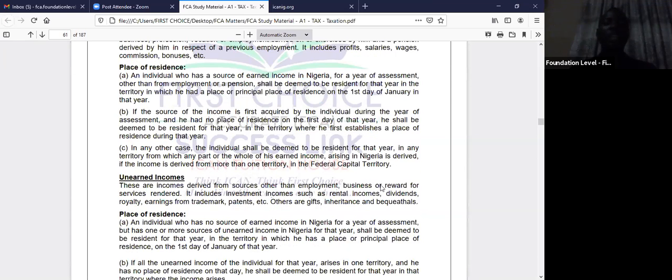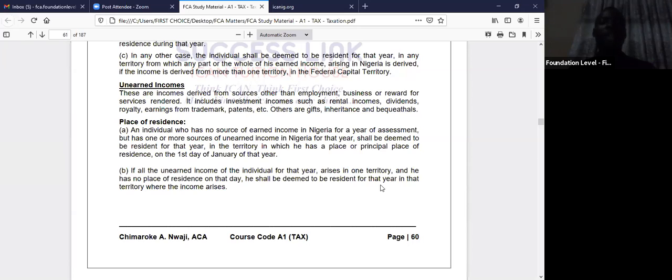Your unearned income, we said before, are those incomes you get from not doing work every time: rental income, dividend income, royalty. Mind you, all of these income, you are going to be reporting them as gross.